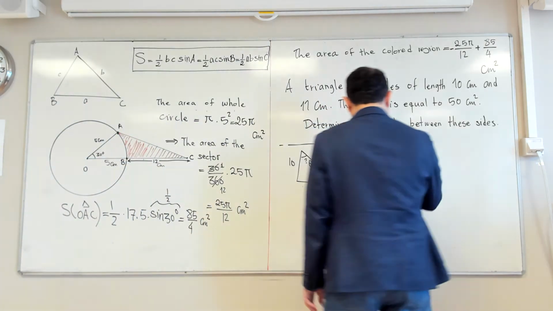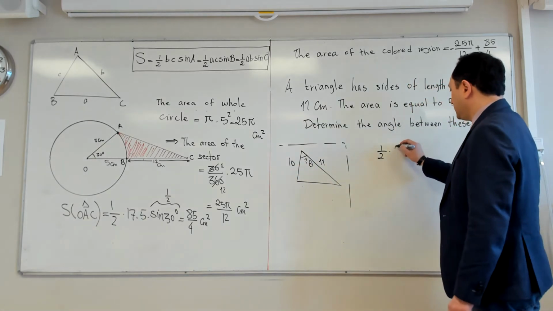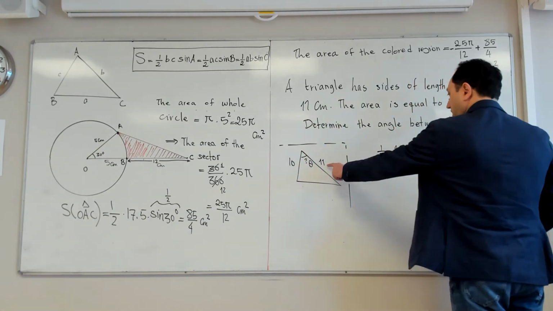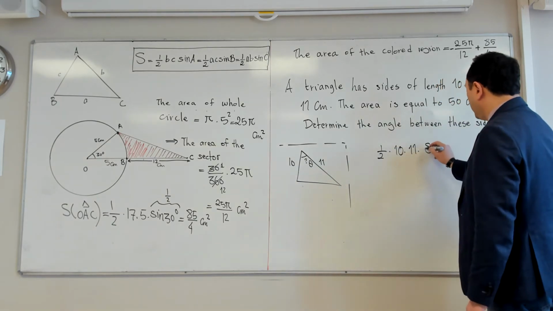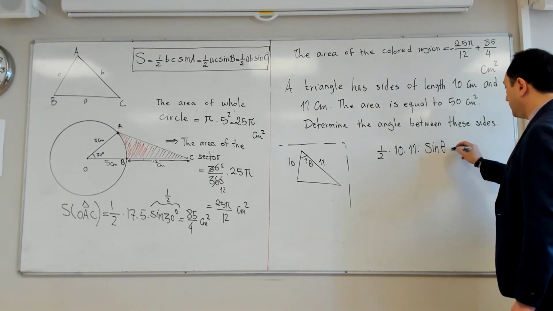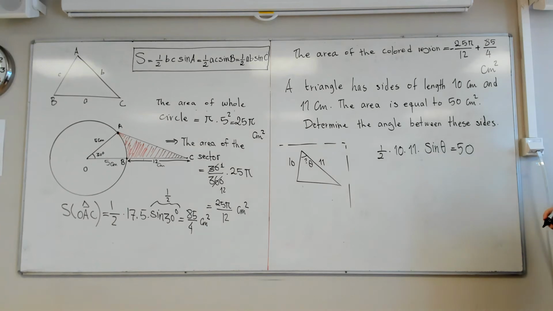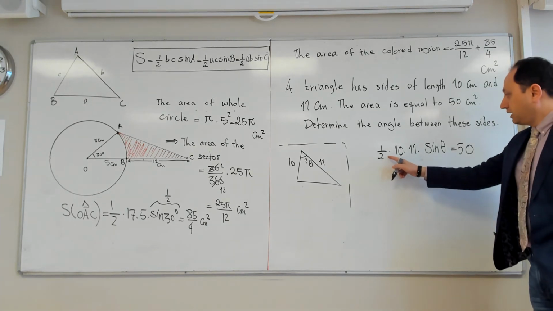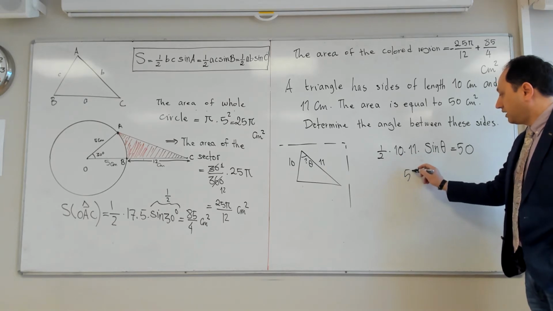You can write 1 over 2, the size of this side, which is 10, multiplied by the size of this side, which is 11, multiplied by the sine of the unknown angle. This is supposed to be equal to 50, yes? Let me simplify. This one and that one becomes 5. 5 times 11 is 55.